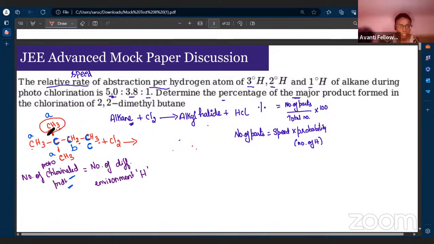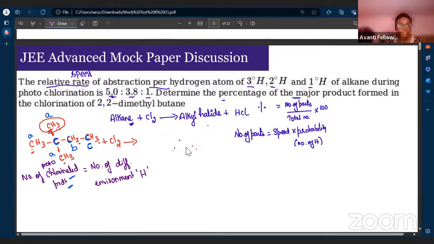Okay. So now what product you will be getting, I'll use a different color. It'll be CH2Cl, and all the others are going to remain the same. So carbon, CH3, CH3, CH2, CH. So this is one of the products. What would be the second product?